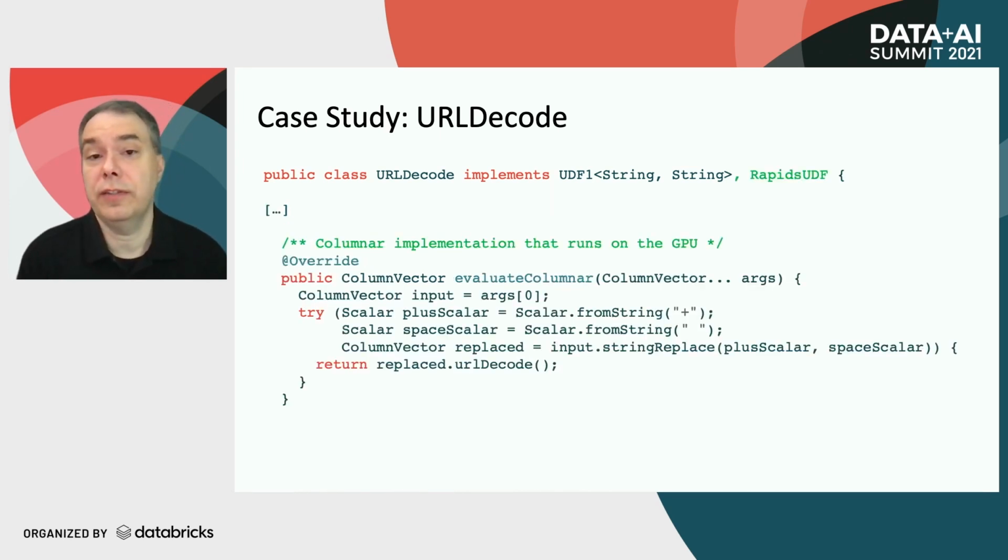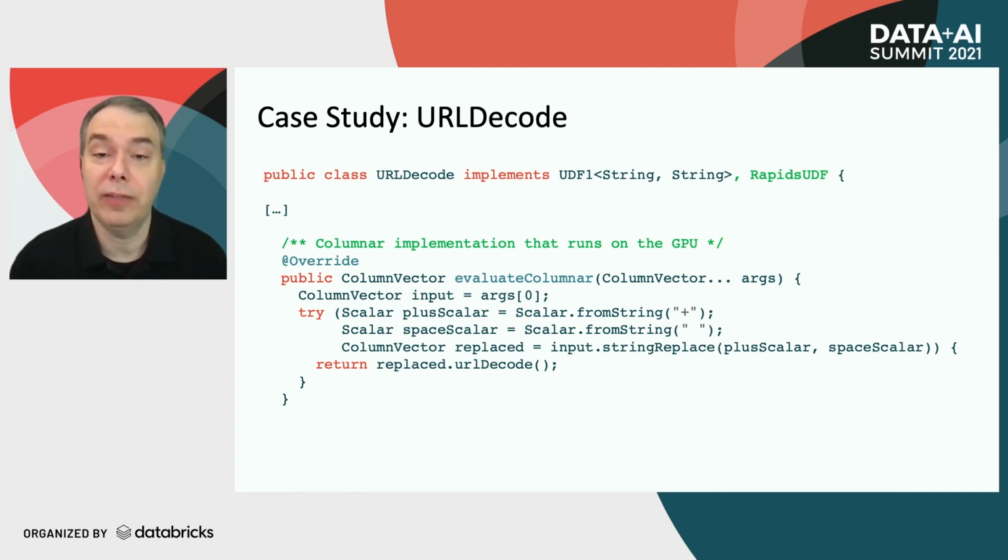And this is the GPU columnar RAPIDS implementation of it. Again, at the top in green, we see we added the RAPIDS UDF interface, that we extend that interface and override the method. And here's the columnar implementation. Now, in this case, cuDF Java bindings have functionality for decoding URLs.